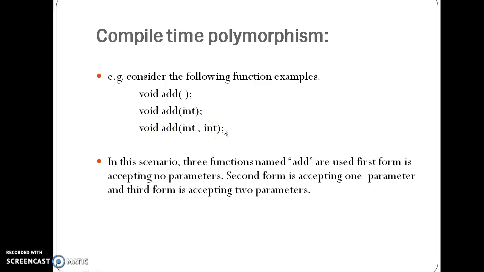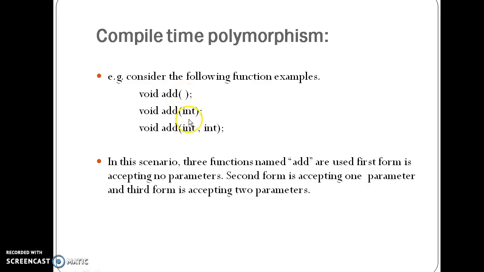Now when the call is made to a particular form of function, for example if we make the call to add with no parameters, then obviously the function which has no parameter will be called.